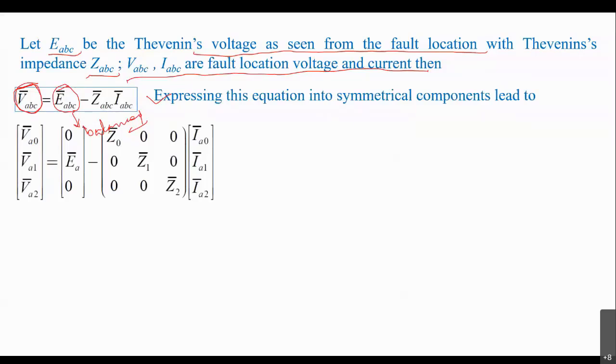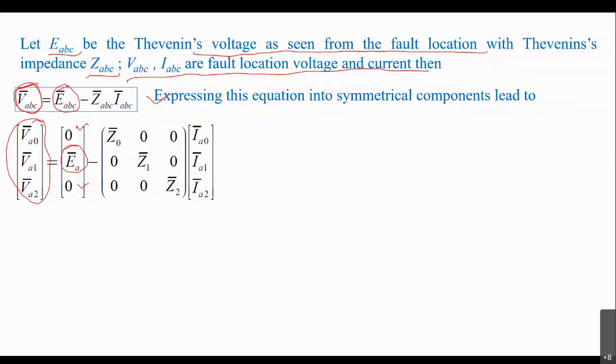Because this EABC is balanced, if we convert this, the zero sequence and negative sequence components will be zero, except the positive sequence component, which is nothing but equal to the phase voltage of the Thevenin voltage, right?